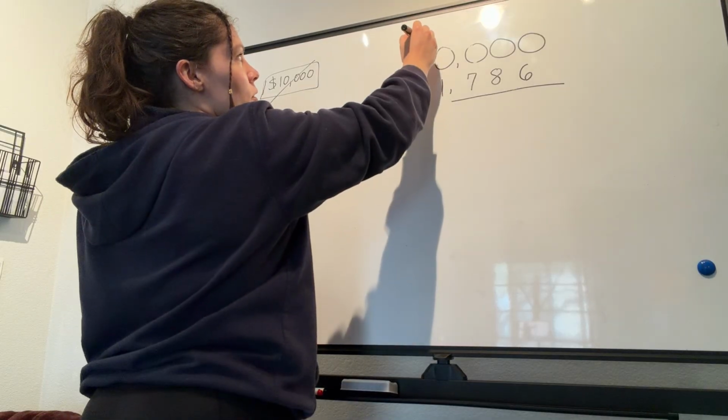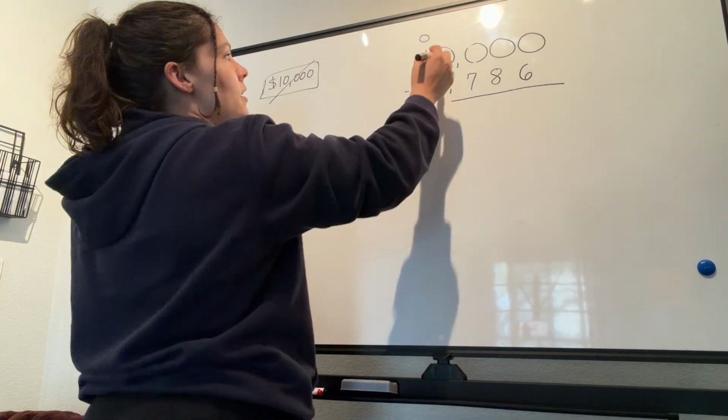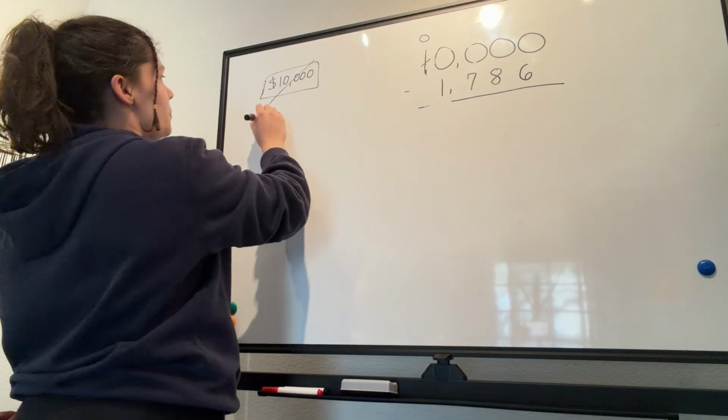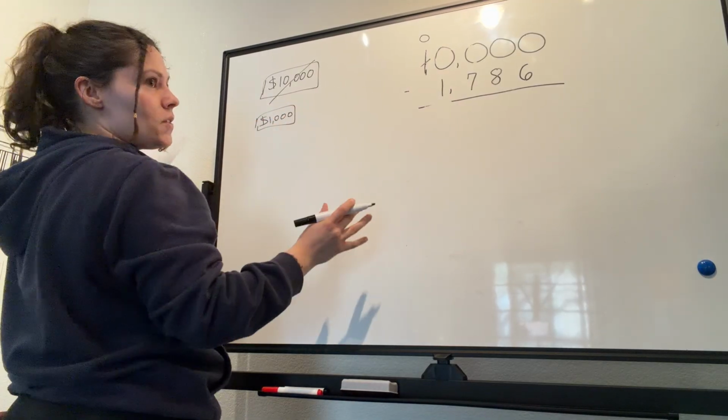So now I have no $10,000 bills because I just got rid of that. The next thing to the right is that I can create 10 $1,000 bills.